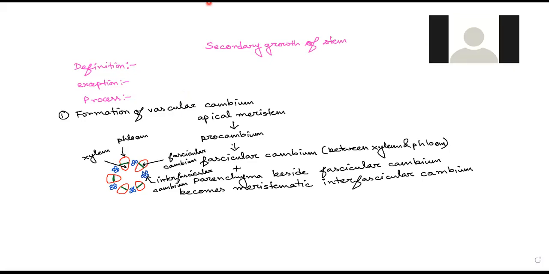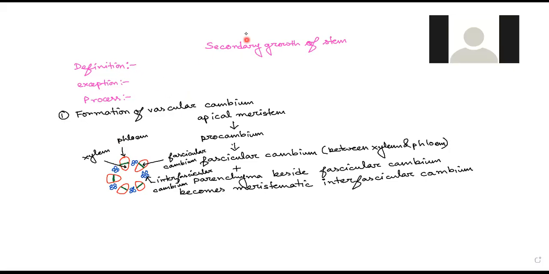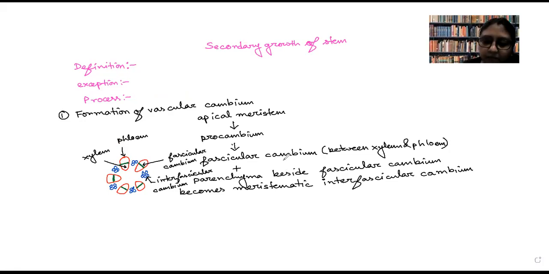Yes, ma'am. Khushi, this part is fascicular cambium, and in between two fascicular cambium we have interfascicular cambium. So let's move ahead. Now both of these things will join together.